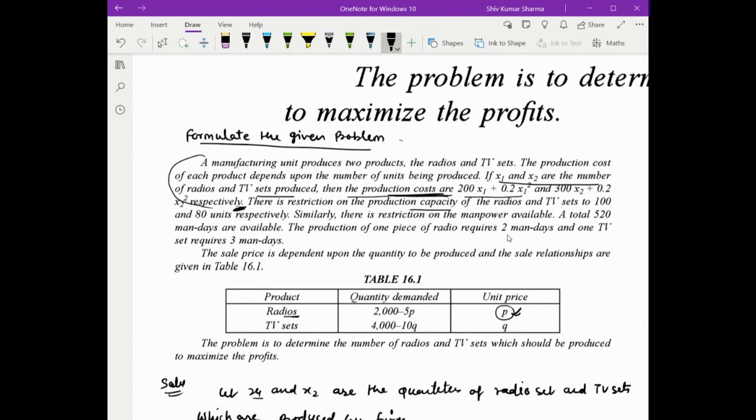So the radio set we consider as X1 quantity and TV sets as X2 quantity. The production of radio sets is 100 and TV sets is 80.